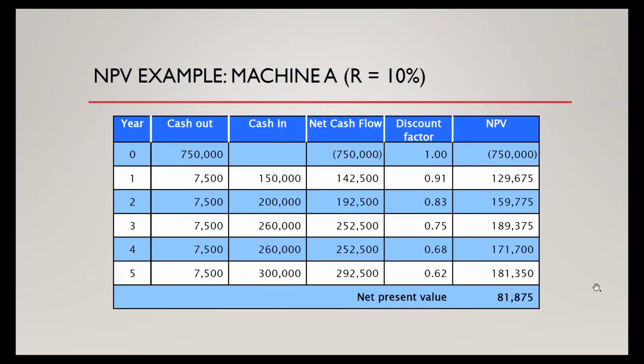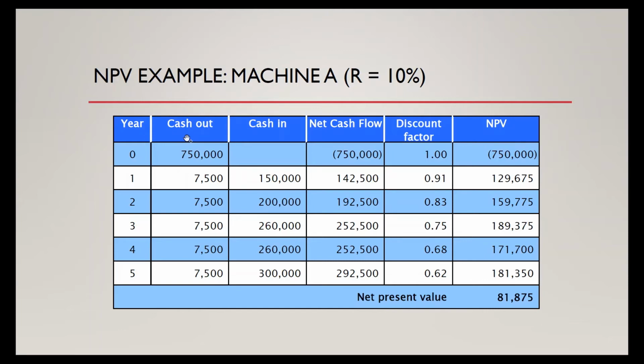In order to calculate for the NPV, we will need to draw a bigger table. For the first column here, we have year 0, which represents today, and year 1 to year 5. In the second column, we have the cash out, which represent the expenses.